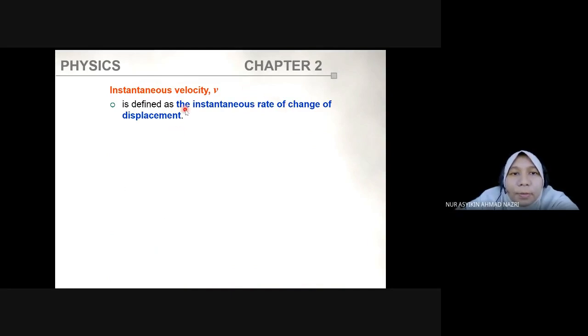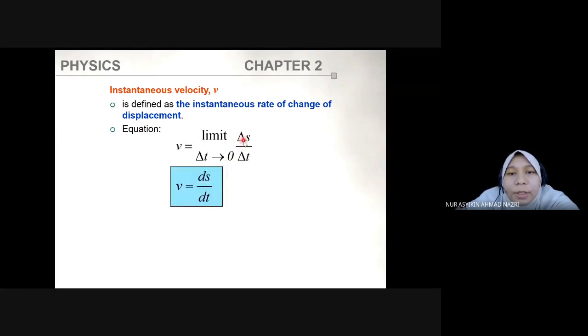Okay, just now is average velocity. So we consider the whole travelling punya velocity. Okay, so alright. So for instantaneous rate of change of displacement, ni kalau nak tengok dia punya part calculus dia lah. So we may write it like this.